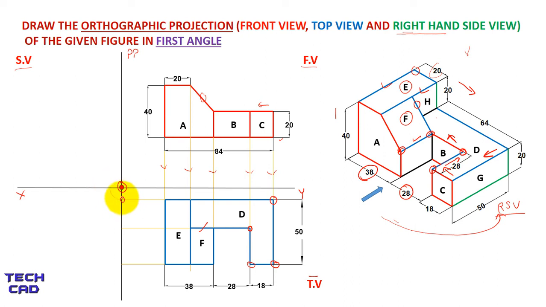So I just put the point over here and make an arc like this. In the same way, I put the pencil over here and make an arc over here, and in the same way over here, and take the projections towards the upside.